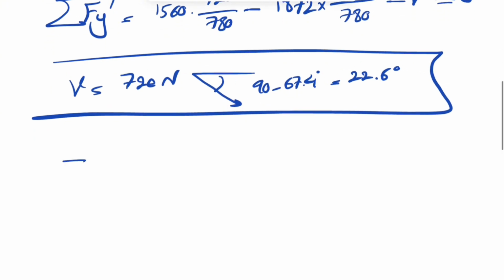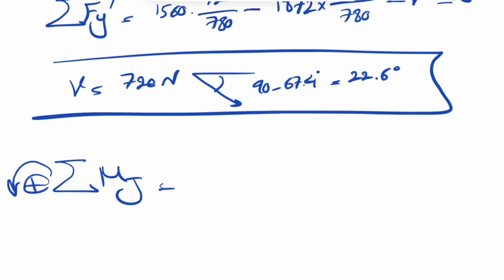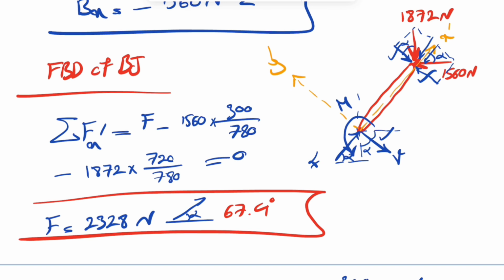So we're going to do the sum of all moments about point J, counterclockwise positive. We have our M, which is the bending moment. And we have the moment of the 1560; as we can see, it's in this direction, so counterclockwise. So plus 1560 times the distance, which we have to figure out. We are looking for this distance, 480, so times 480 divided by 1,000, since it's in millimeters.